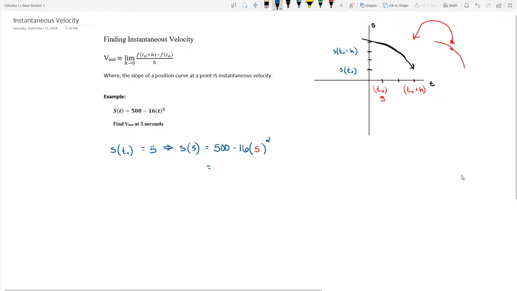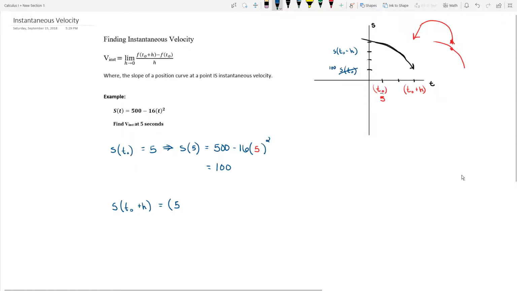So we can solve that down. And of course, it's going to be 25. It's going to be 500 minus 16 times 25. And I have 500 minus 16 times 25 gives me a nice even number of 100. So this is 100. So s for t sub 0 plus that little bit h is going to be equal to, and we know that t sub 0 is 5.